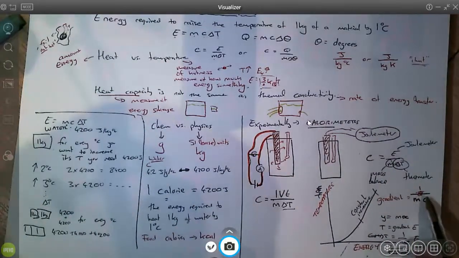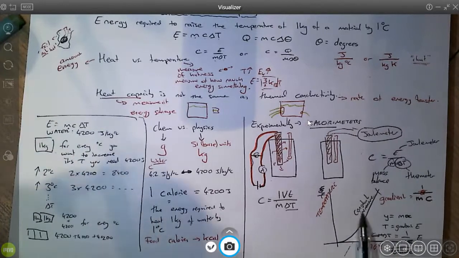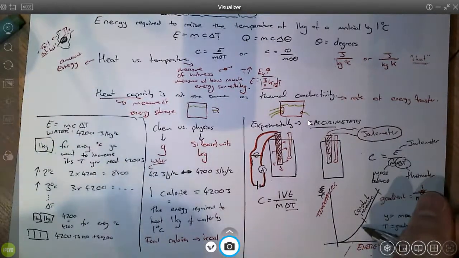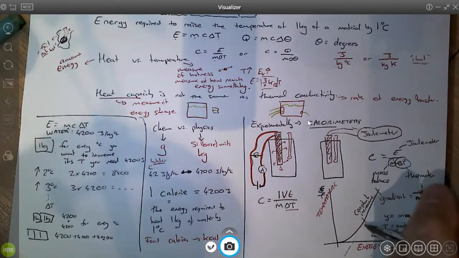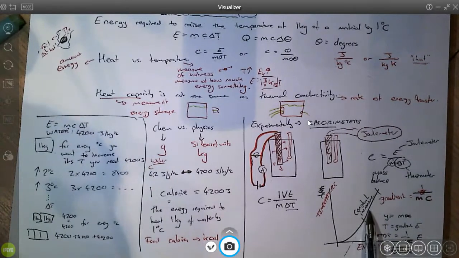So 1 over the gradient is mc. So you can find the heat capacity from that. This is obviously a better method because there are multiple readings, and we've got this graph that's giving us this average of our multiple readings.